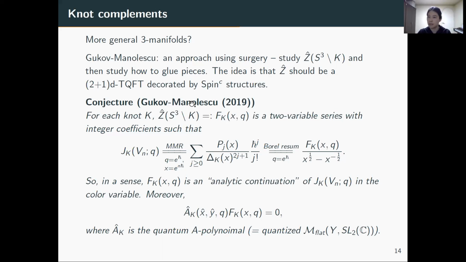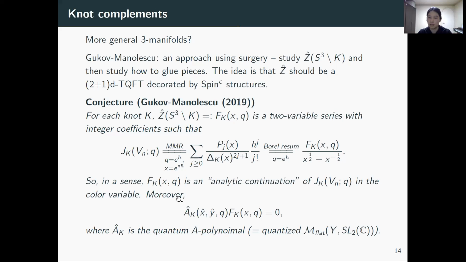Since this knot complement has a torus boundary, we need to specify the boundary condition, and x can be thought of as the one parameterizing the boundary condition, and x is the holonomy eigenvalue along the meridian of the knot. In complex Chern-Simons theory, we often use variable x to denote the holonomy eigenvalue along the meridian, and variable y for the holonomy eigenvalue along the longitude of the knot.